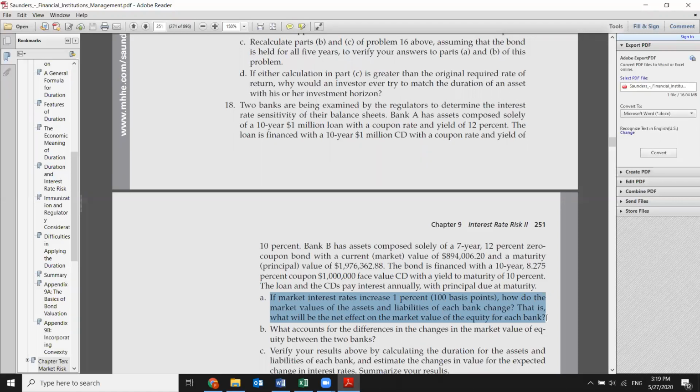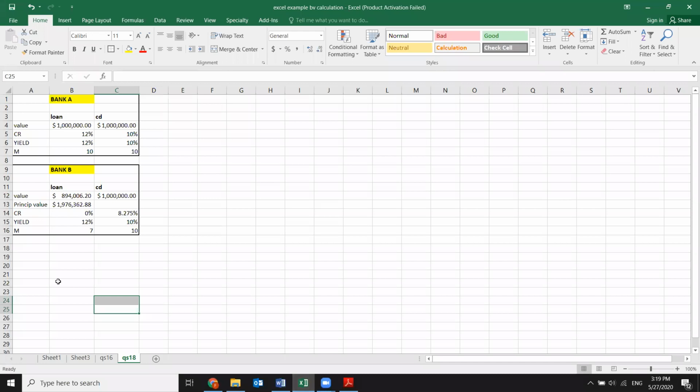So let us start with the bank A calculation.